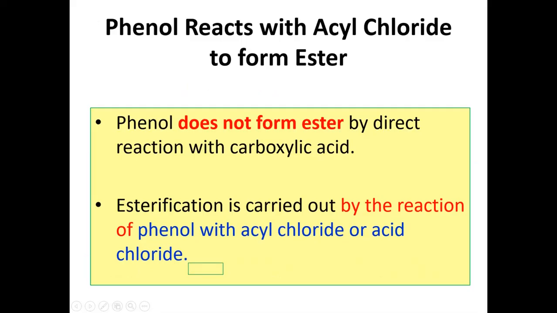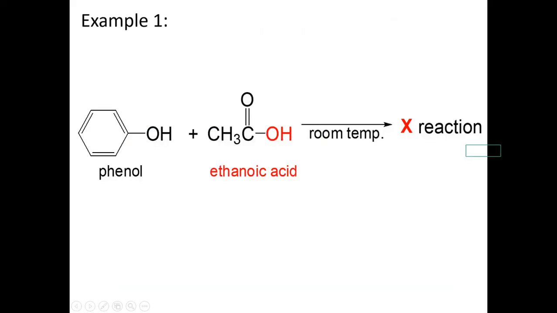And phenol reacts with acyl chloride to form ester. Phenol does not form ester by direct reaction with carboxylic acid. Esterification is carried out by the reaction of phenol with acyl chloride or acid chloride. Okay, phenol cannot react with carboxylic acid at room temperature to produce the product.